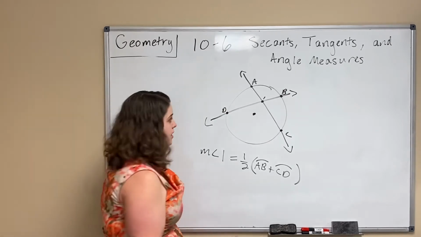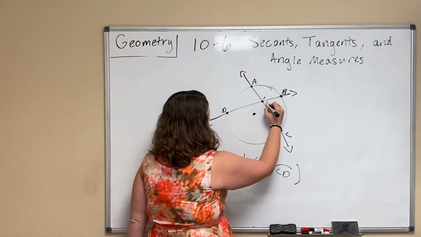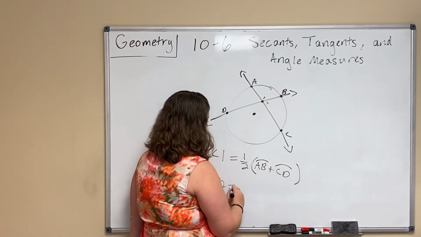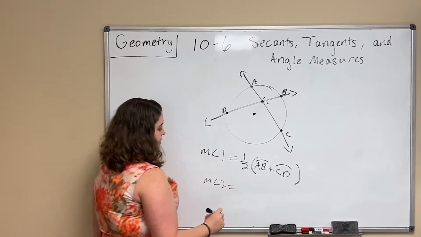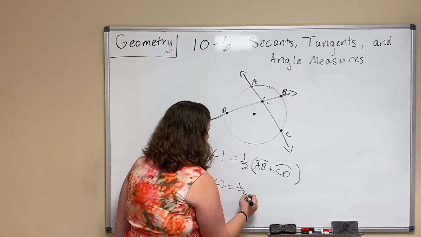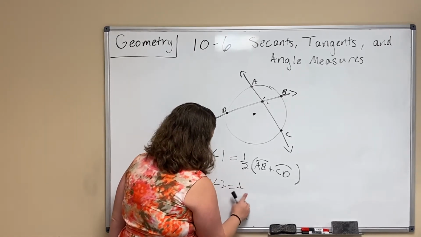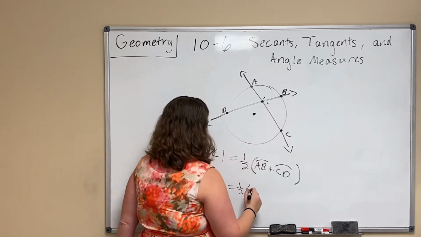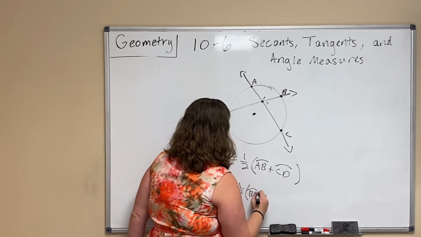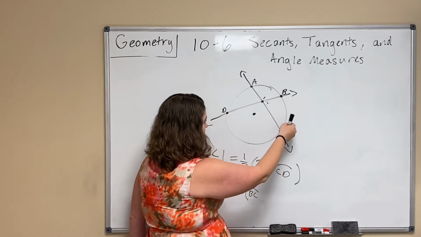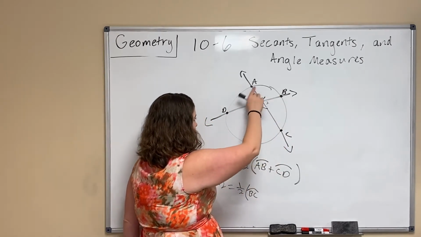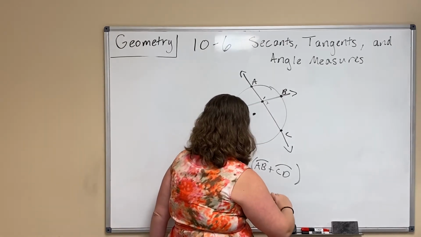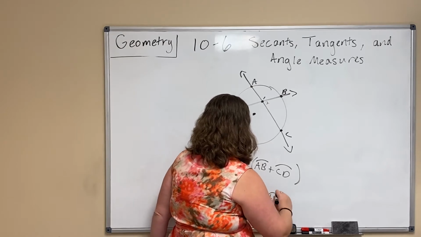If I wanted to find this angle instead, the measure of angle 2 is going to equal 1/2 again times BC, its own arc, plus its vertical angle's arc, AD.